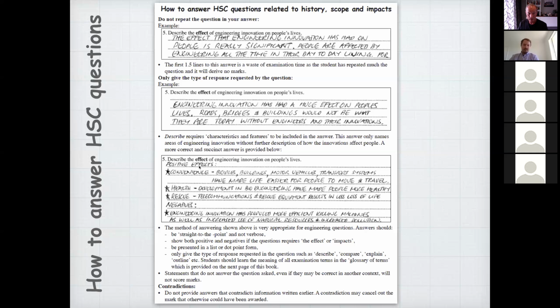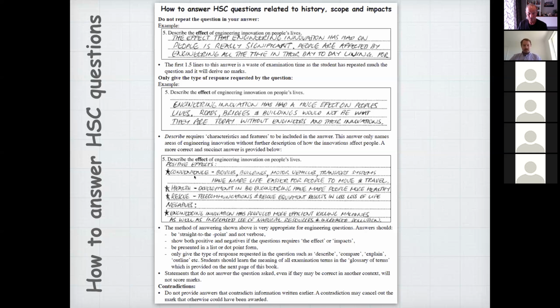I ask them to give positive effects and negative effects. Generally, we only require 2 positive and 2 negative. They won't tell you how many, but I just say 2 positive, 2 negative. And if you just write down convenience, you won't get the mark because it's asked you to describe.